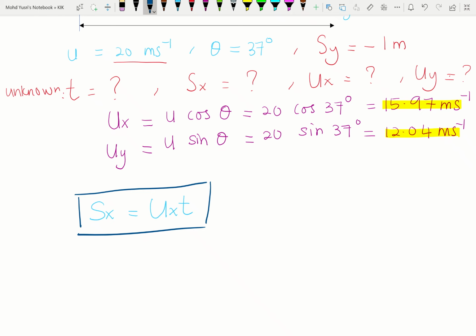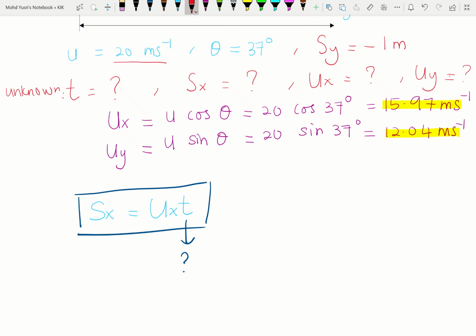However, looking at the equation, we see that we do not have the value of t. So we have to use another equation to find the value of t first.